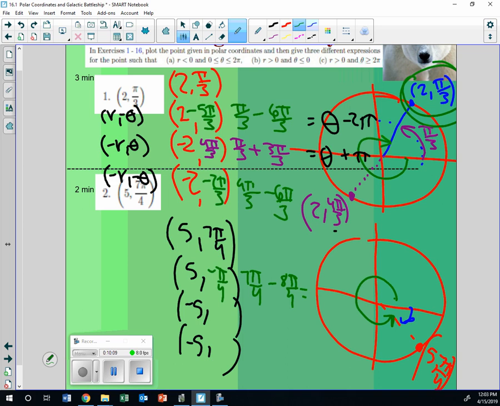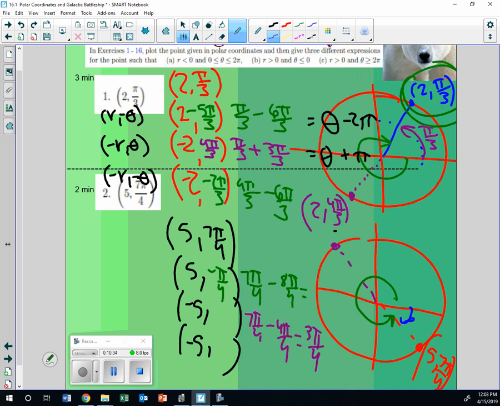Okay. Now for this next one, you're going to find this spot here. And that is just going to be 7 pi over 4, actually I'm going to subtract, because we're going to keep between 0 and 2 pi, I'm going to subtract 4 pi over 4 to give me 3 pi over 4.